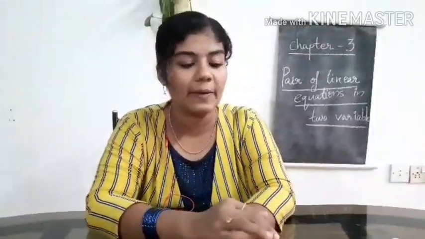Suppose you have a garden. You don't know the area or the perimeter. Suppose we are just telling that the length is double the breadth, or the breadth is half of the length, like that we are comparing.